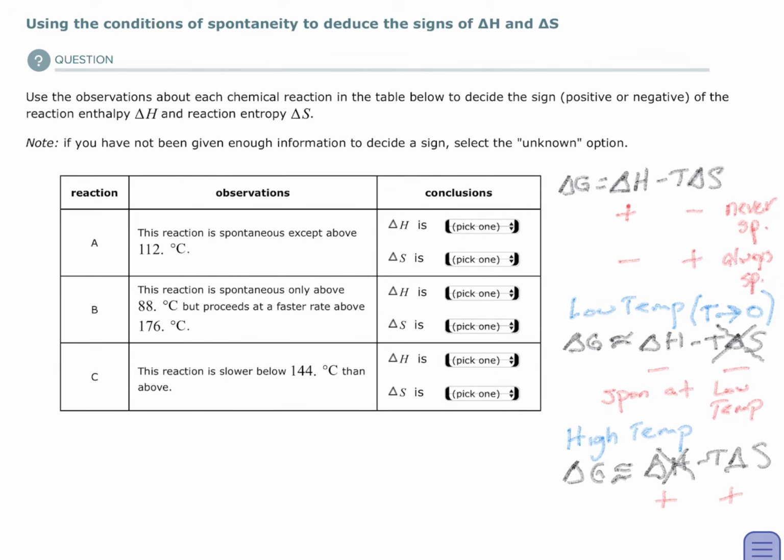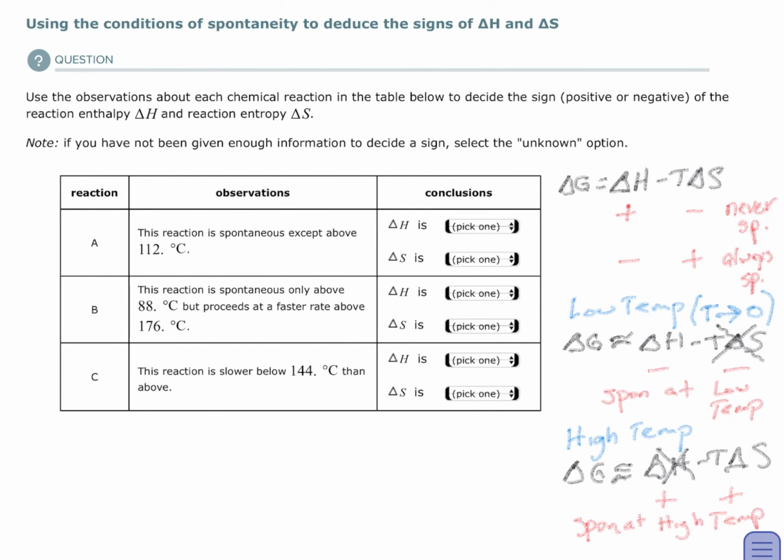So the other possibility is positive, positive. Again, do you see the four? Positive, negative; negative, positive; negative, negative; positive, positive. Those are your four configurations. So at high temperatures, as long as your entropy is positive, then since you have a negative sign there, your G will be negative and it'll be spontaneous. So it's spontaneous at high temperatures.